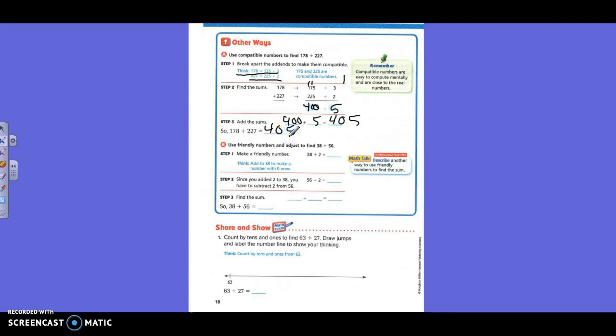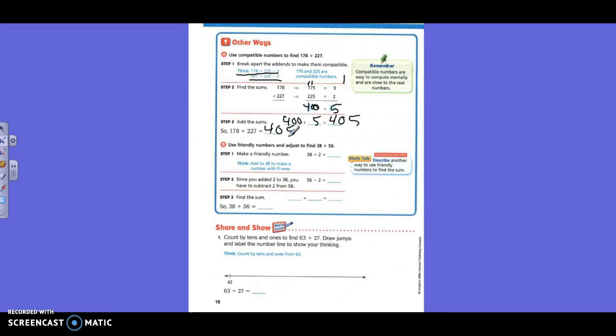Another way to do this is by using friendly numbers. Friendly numbers is when you're trying to find an easier number by adding or subtracting to get to an easy number. So we have 38 plus 56.